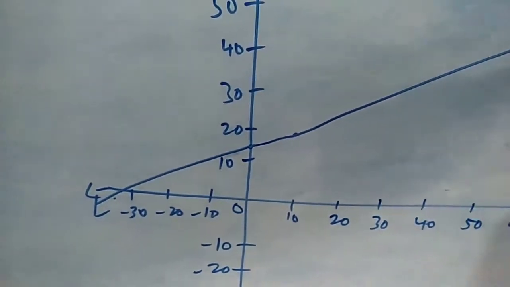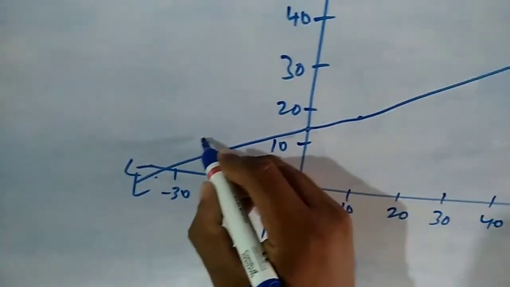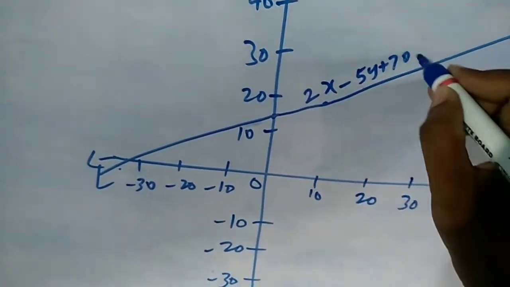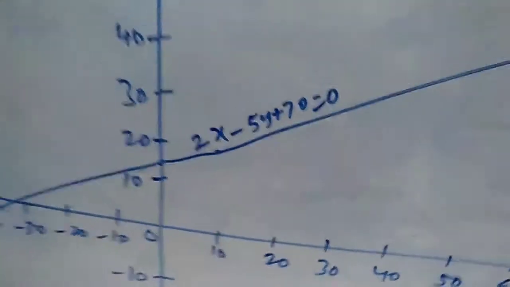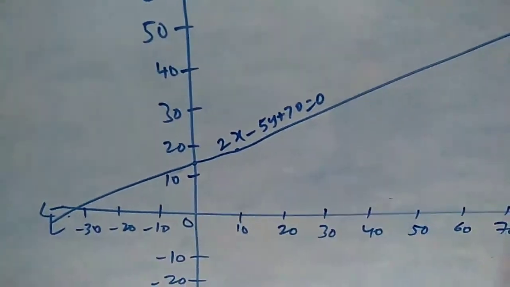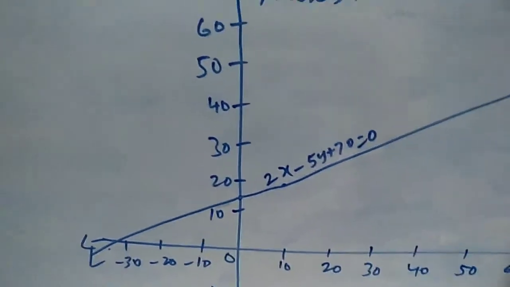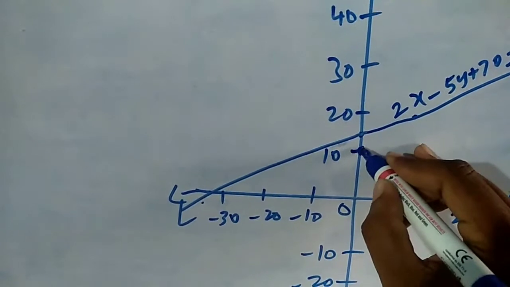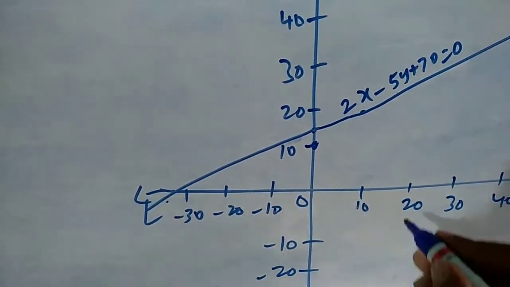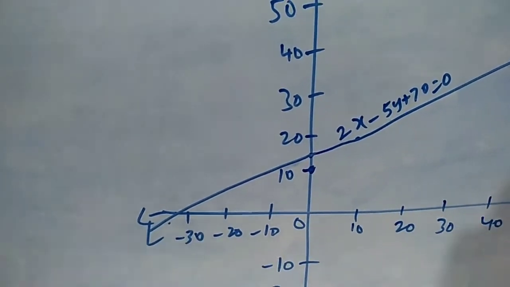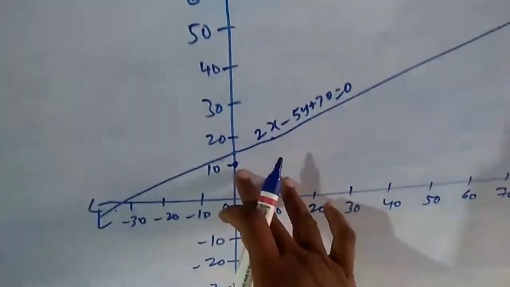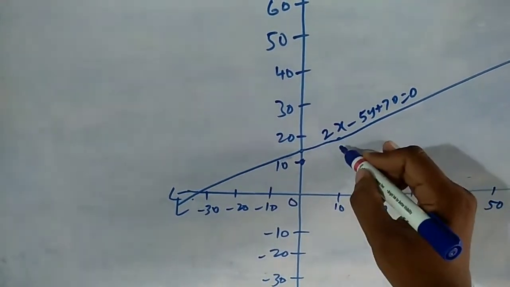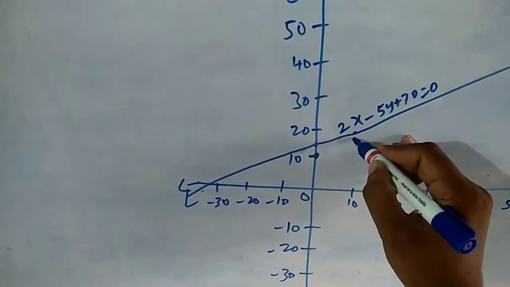This equation is 2x minus 5y plus 70 is equal to 0. Okay, next for second equation points are 0 comma 10 and 10 comma 15, it is 10, 11, 12, 13, 14, 15 here coming.